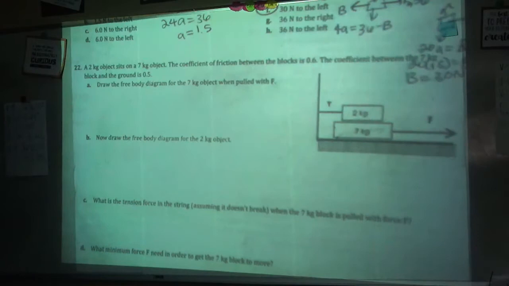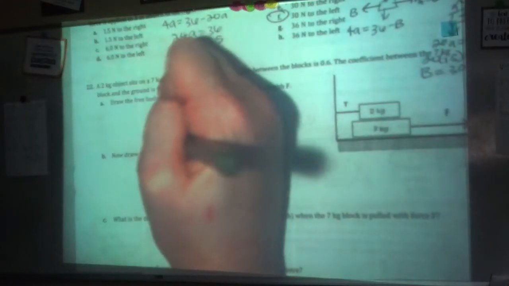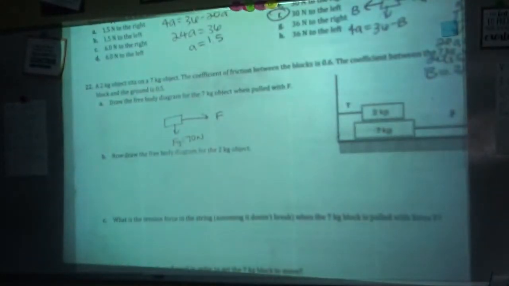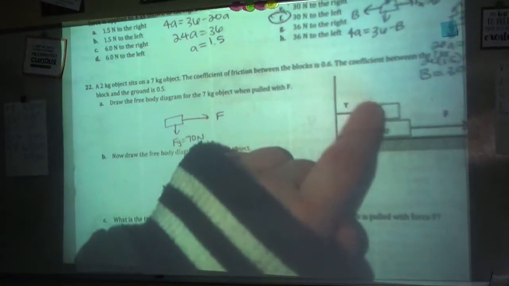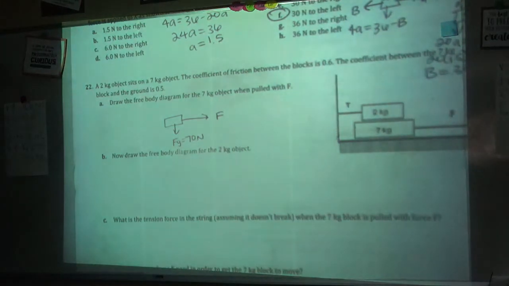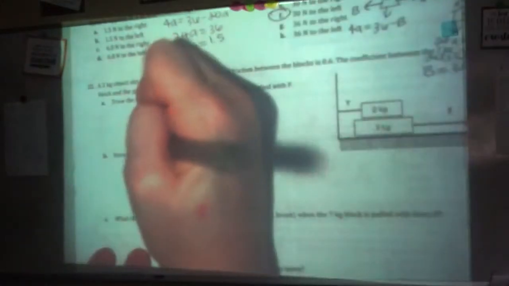So if we look, obviously we have the weight force, which would be 70 newtons. I've got this applied force F. In addition to the weight, I also feel this force of the 2 kilogram object on top. So we can call that the force of the box.